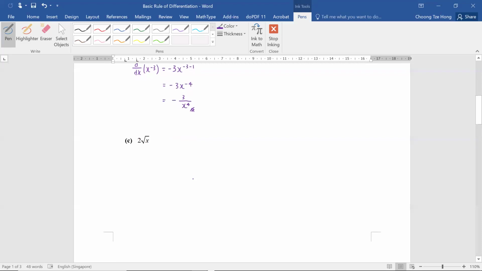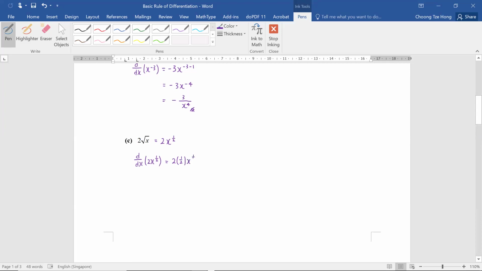Then 1c, 2 times square root x. If you recall, square root x will be x to the power of half. So we'll prep the function for differentiation. Over here you can see that there's an extra 2 in front, but it doesn't really cause much of a problem. If you have an extra number in front, you just put it in front. Then you differentiate x to the power of half, the power goes in front.